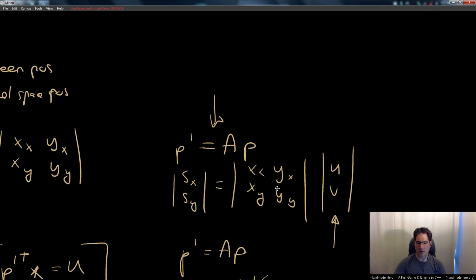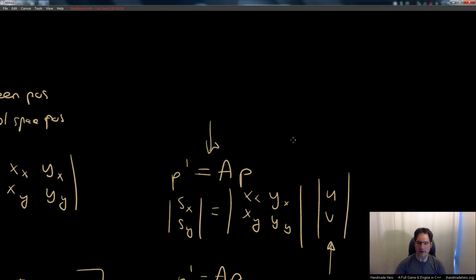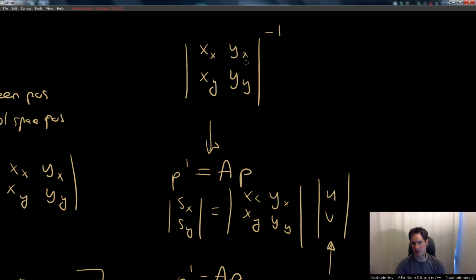So, moving back up to here, if what I want is A inverse P prime, well, that means I've got this XX, XY, YX, YY matrix that I have to invert somehow. And we haven't really talked much about how to invert a matrix, right? So we have to be able to invert a matrix. That's one thing we have to do.